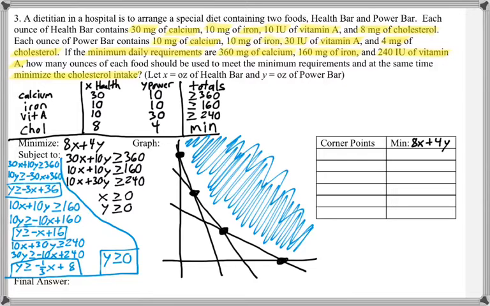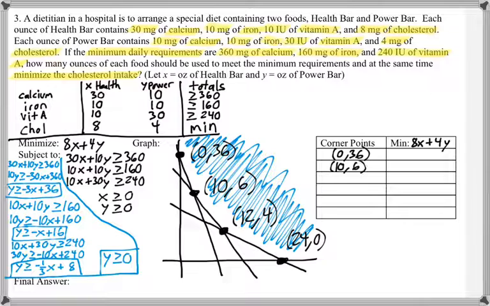So I want to label those corner points on my graph. So (0, 36), (10, 6), (12, 4), and (24, 0). So those are my corner points, and those will be our candidates for the minimum.